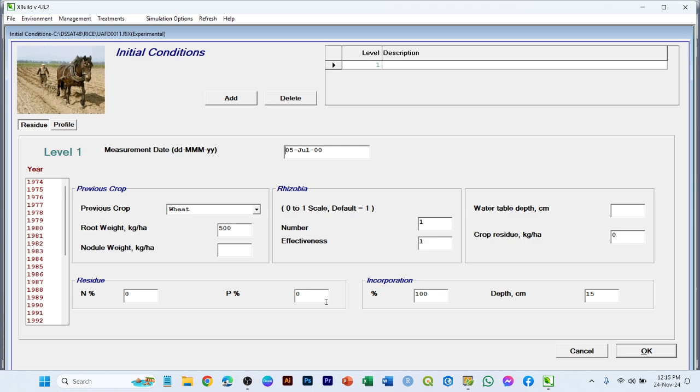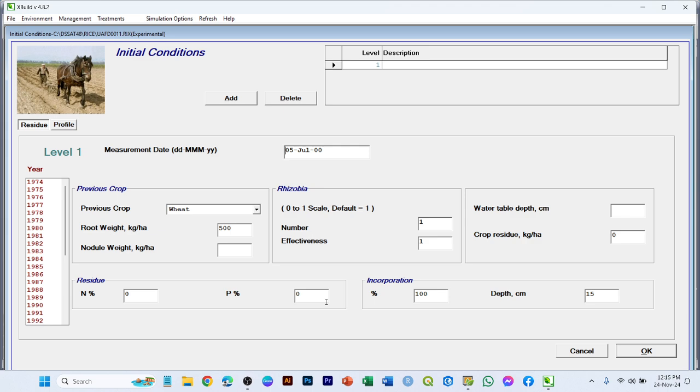In other experiments, yes, you have to bury all the residues within the soil, and some are left behind. After a legume crop, there may be no incorporation or 50% incorporation, and then you have to write that over there accordingly. And there are solutions for fallow. Next, it will come, don't worry.